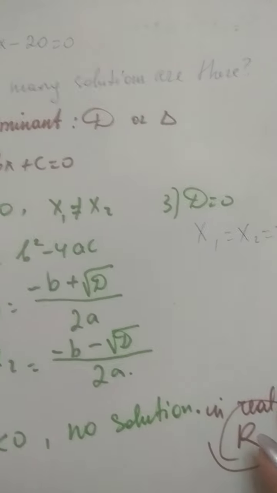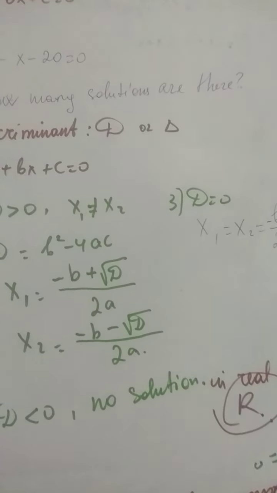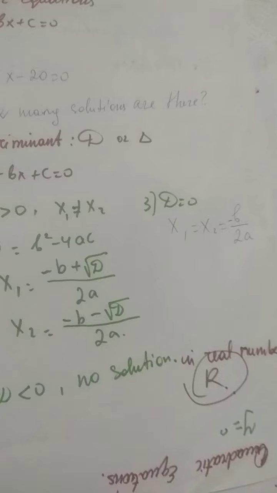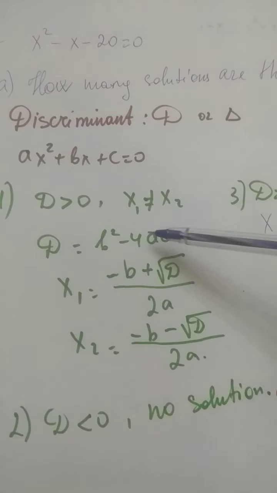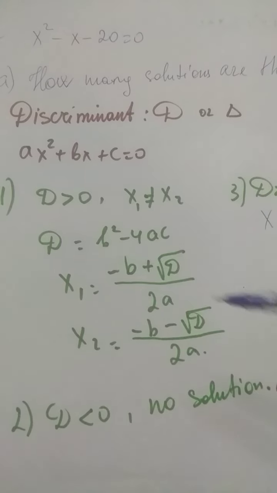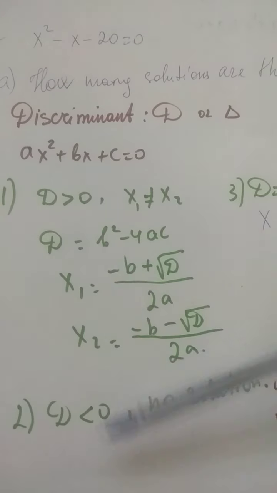So that's it. It's the formula for the discriminant. You can take a note: first calculate the discriminant, then the roots. And you should know this condition.